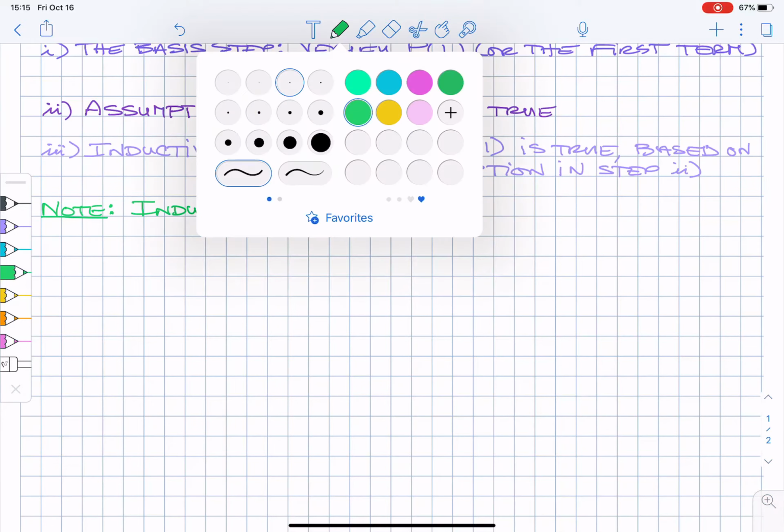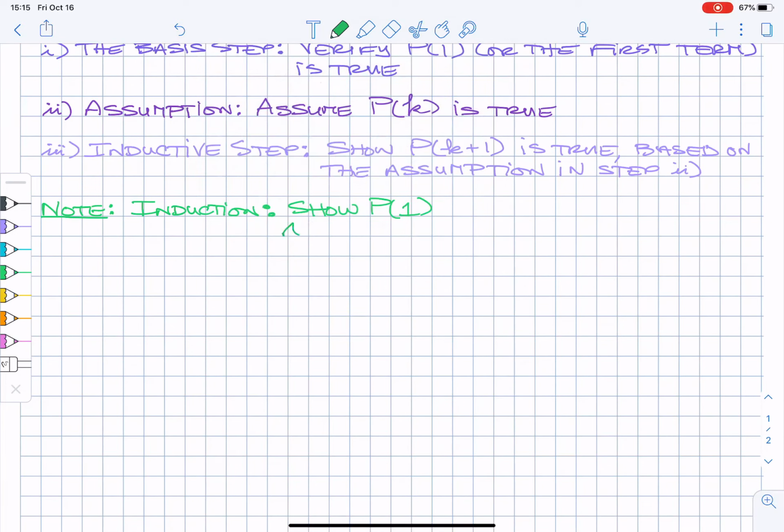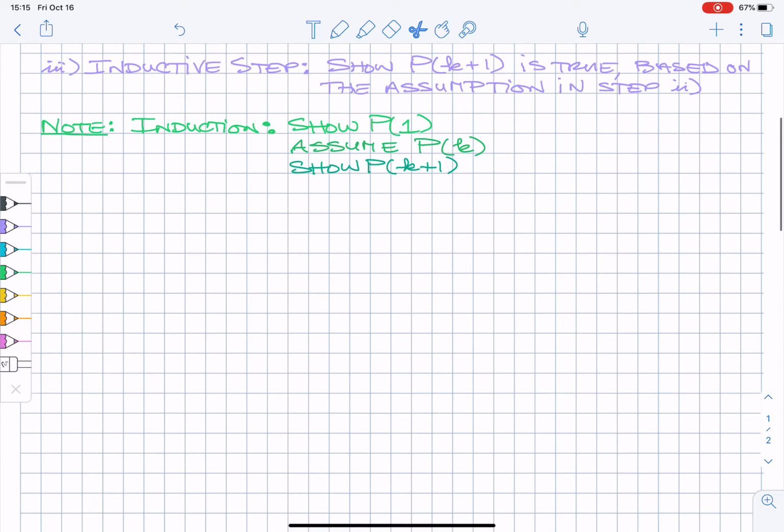And then the next step is to assume P of k. And the final step is to show P of k plus 1. These are the steps of mathematical induction. Show, assume, show. Show 1, assume k, show k plus 1.